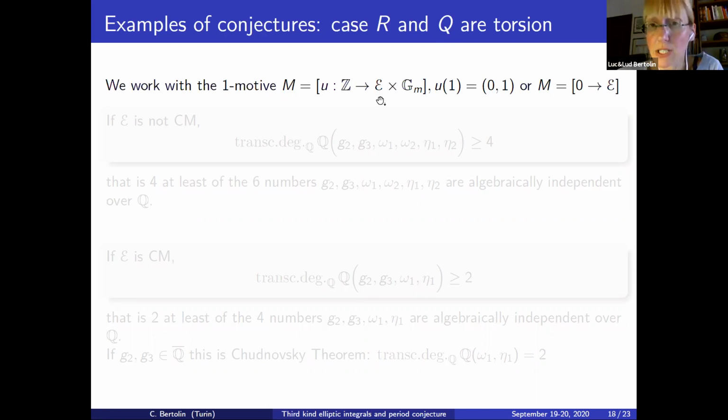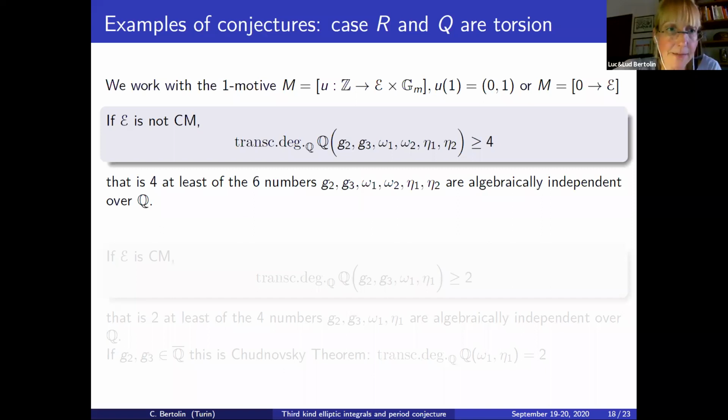This means that the extension G is trivial. It is just the product of the elliptic curve by Gm. If R is torsion, we have that the point R modulo isogeny is 1. If R is torsion, also P is torsion, and P is 0 modulo isogeny.